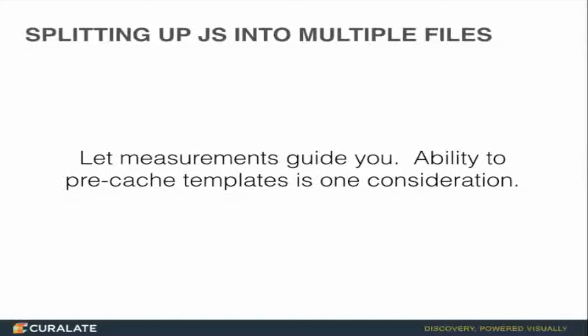So we said, oh, this is a clear win. Like you don't have all these AJAX requests every page load, or at least the initial page load. If you're setting the right cache headers, it wouldn't happen on subsequent page loads. But the problem is that with pre-cached templates, if you don't split up your JS files, you're downloading and executing JavaScript that sets the templates in the template cache every time that JavaScript runs, so every page load.